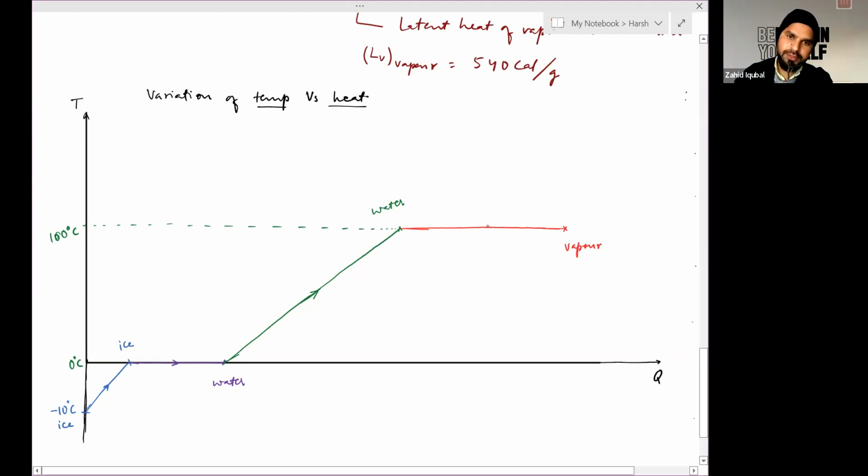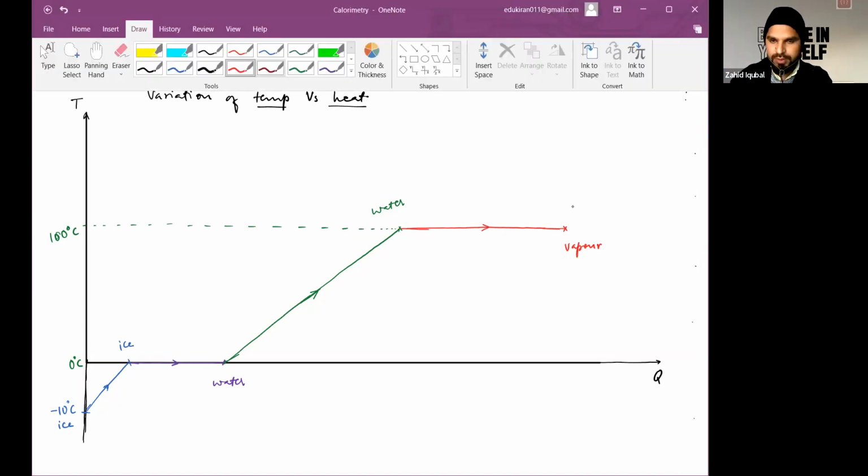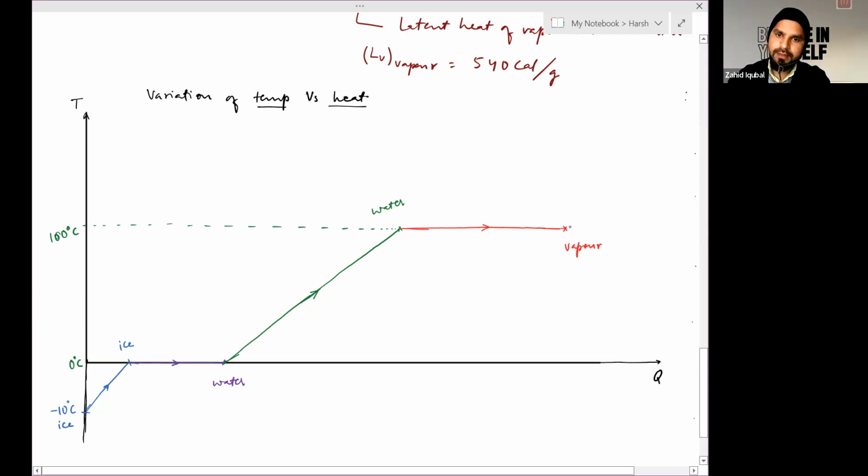Until complete conversion, there will be no change in its temperature as the heat supplied will be utilized in breaking down the bonds. So this is called latent heat of vaporization. Further, if you supply heat, it will tend to increase its temperature to some higher value. So it will be termed as specific heat.